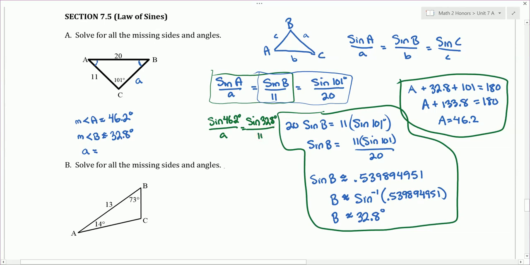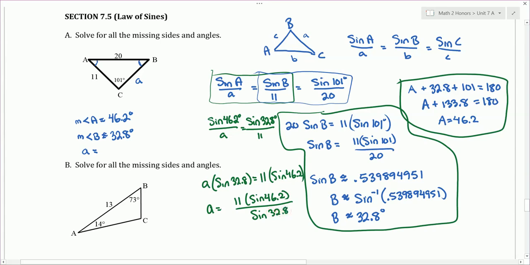Cross multiply, and we get A times the sine of 32.8 is equal to 11 times the sine of 46.2. So A is going to be 11 times the sine of 46.2 all over the sine of 32.8.